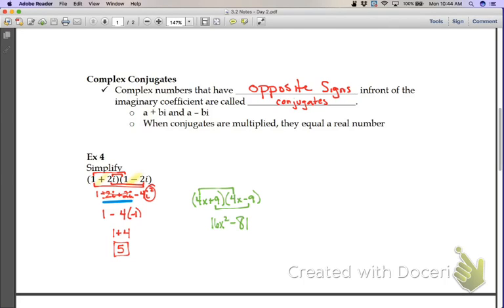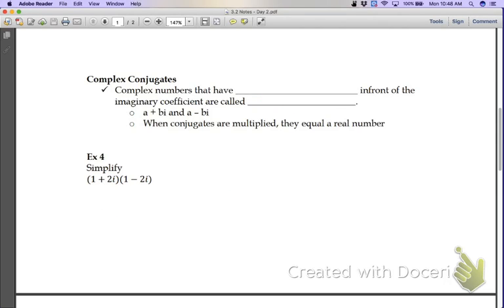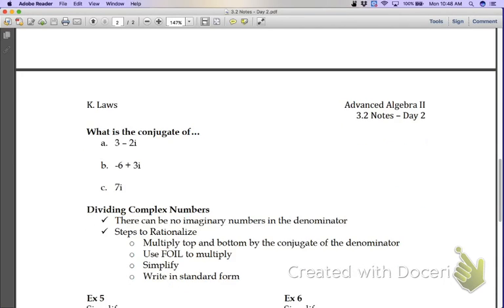We didn't have to worry about multiplying the inside because 4x times negative 9 and 4x times positive 9 just went away. It became negative 36x and positive 36x, so we just eliminated the middle part. These are conjugates of one another because everything's the same except one's positive and one's negative. So you've seen this before, it's just now we're dealing with it in terms of i.